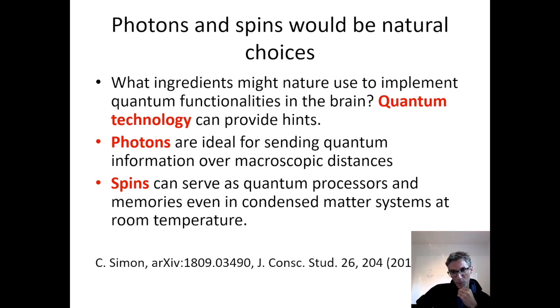In practice, we do it even for hundreds of kilometers through optical fibers, for example. And we also know that spins, electron spins or nuclear spins, can serve as quantum processors and as memories, even in certain condensed matter systems at room temperature. So maybe they could serve a similar role in the brain too.